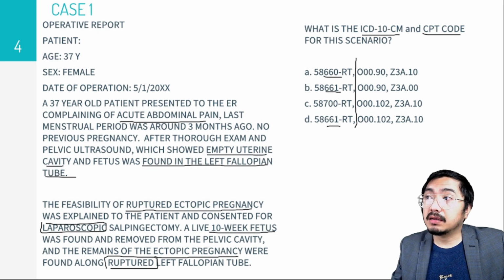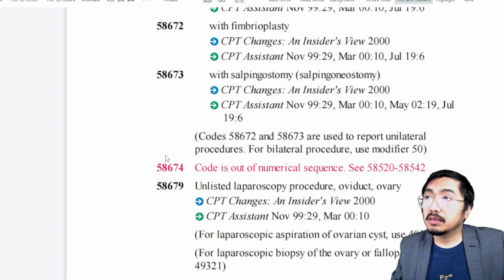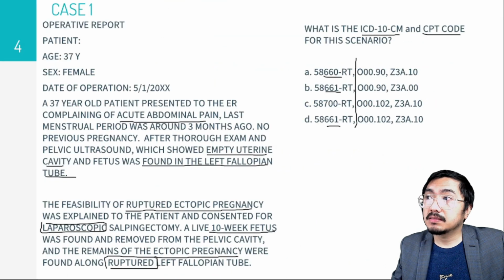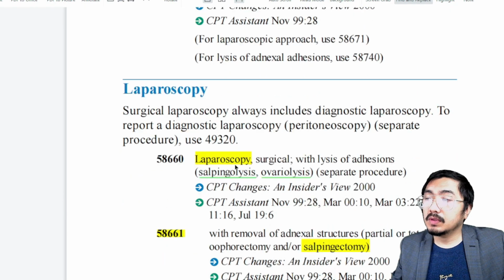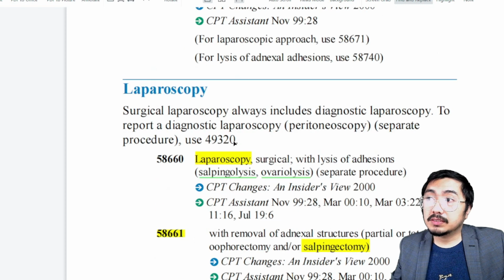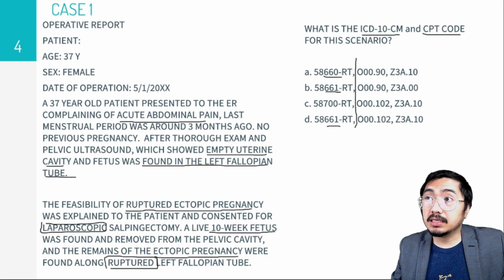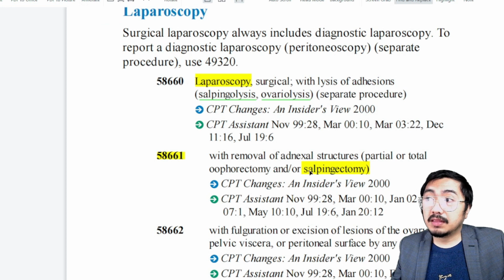Let's find those codes right now. If you have your books, open it. Go to 58660. So you have 58660 here. That's your laparoscopic surgery. For what? It's mentioned right here, salpingolysis and ovariolysis. While your 58661, which is for letter B and C, it's mentioned here that you have salpingectomy in the parenthetical notes.